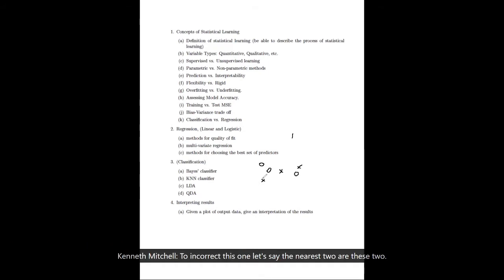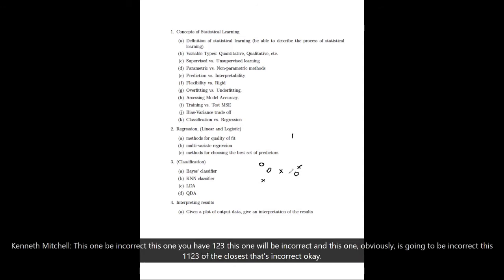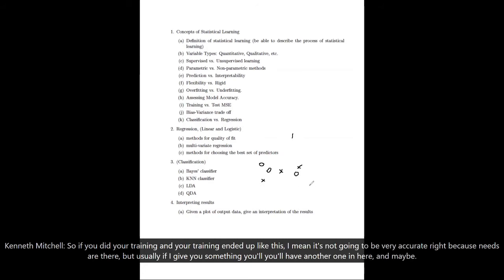This one, let's say the nearest 2 are these 2. This one will be incorrect. This one, you have 1, 2, 3. This one will be incorrect. And this one obviously is going to be incorrect. This one, 1, 2, 3 are the closest. That's incorrect. Okay? So if you did your training and your training ended up like this, it's not going to be very accurate, right? Because these are there.